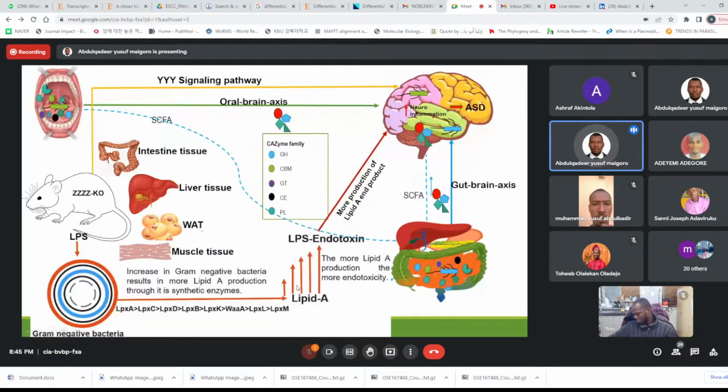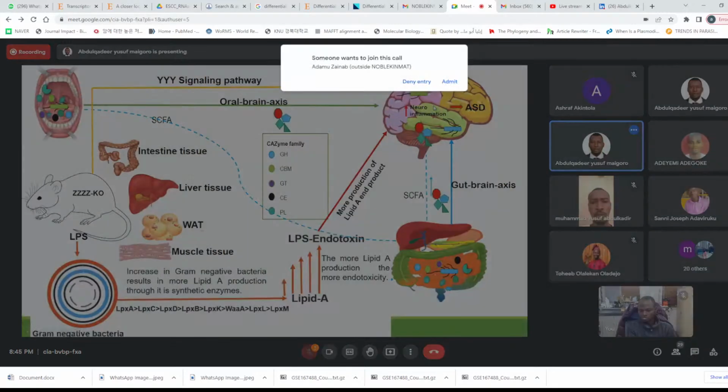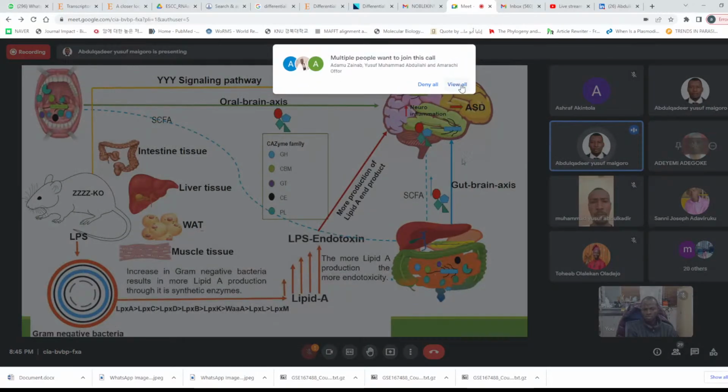And we realized that this endotoxin increases in disease patients compared to healthy individuals. And the higher the endotoxin, the more production of lipid A products, which is directly related to neuroinflammation, which is one of the symptoms of ASD individuals.